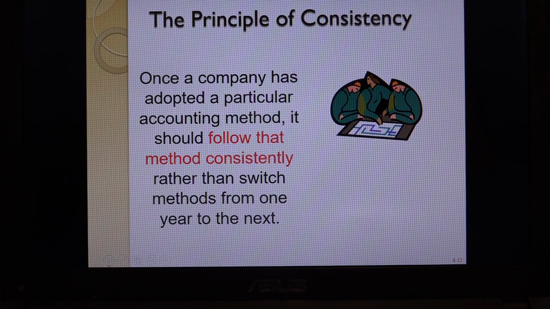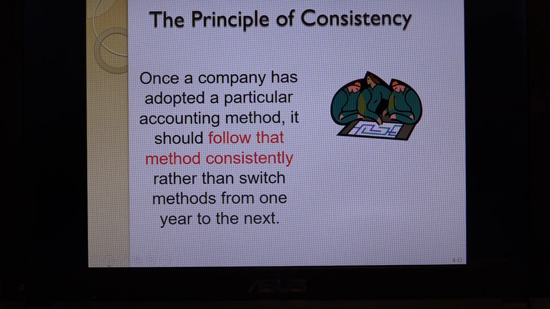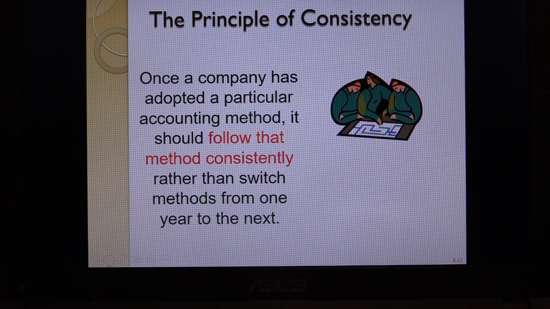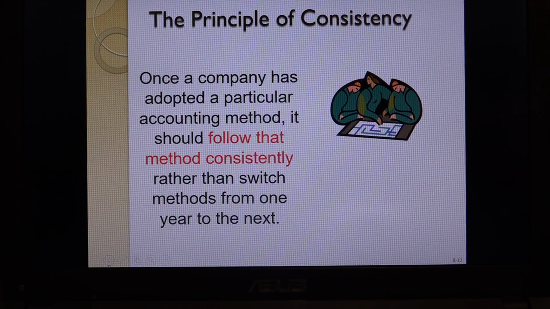Does that mean that, let's say you have several types of inventory? Think of Walmart. A super Walmart has bananas, but it also has TVs. And so, if you have different types of inventory, can you use a different cost flow assumption on different types of inventories?